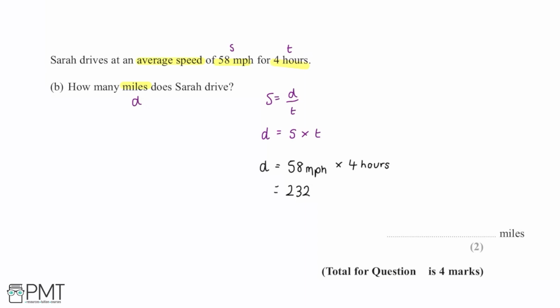And then we have miles per hour multiplied by hours, so the per hour and hour are going to cancel out here and leave us with an answer which is going to be in miles. And as we can see, the units here for the question are miles, so I can write the 232 down to get both of the marks for this question.